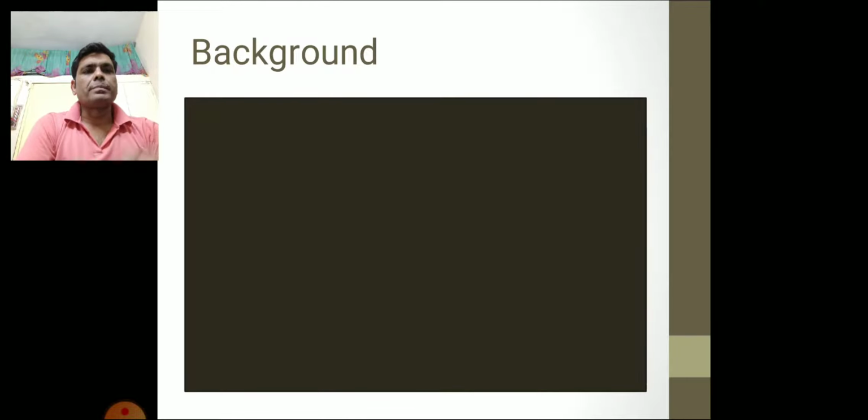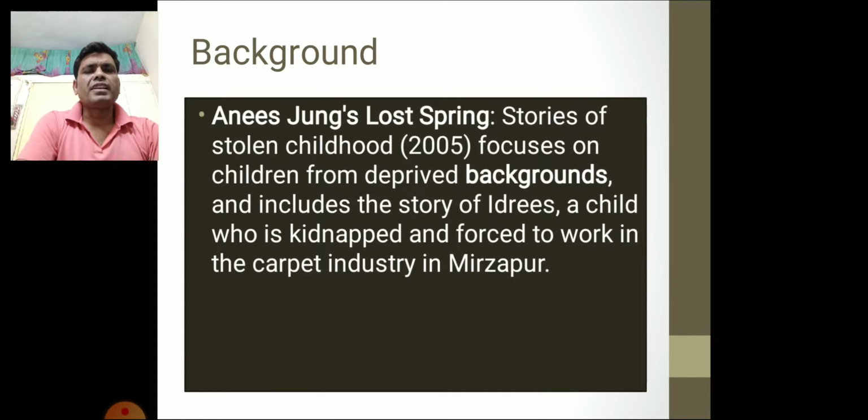Background of the story. Anees Jung's Lost Spring, Stories of Stolen Childhood was published in 2005. It focuses on children from deprived backgrounds and includes the story of Idris, a child who is kidnapped and forced to work in the carpet industry in Mirzapur.